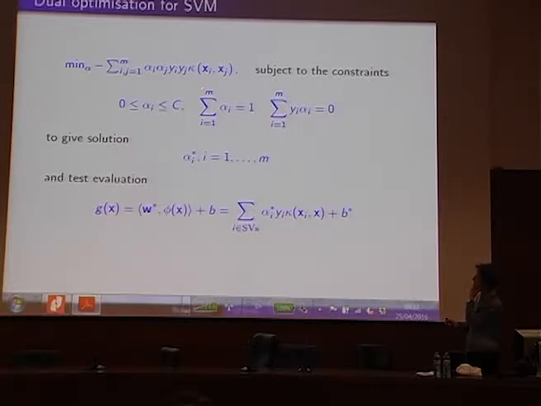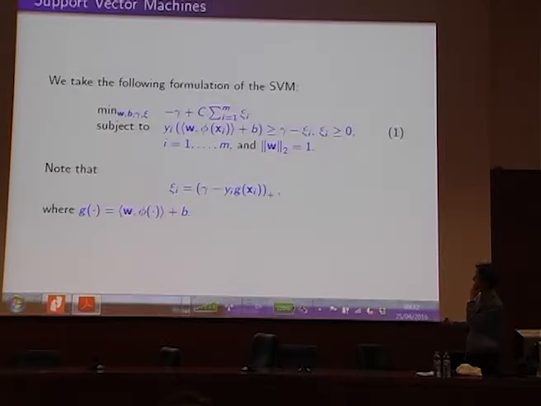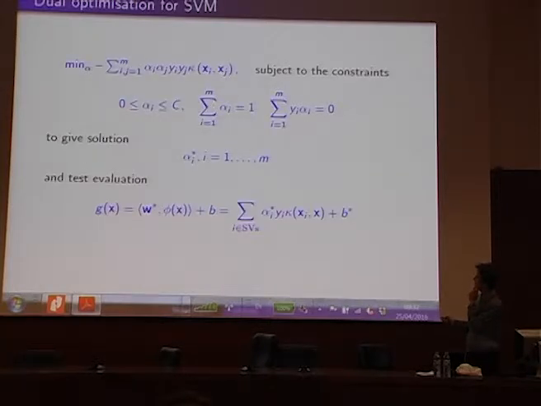And the constraints that you have are 0 less than or equal to alpha i less than or equal to C, where C was this parameter controlling the relative strengths of the margin and the slack variables. The sum of the alpha i's is 1, and this is another constraint.